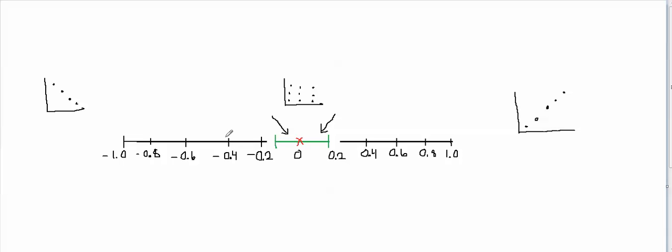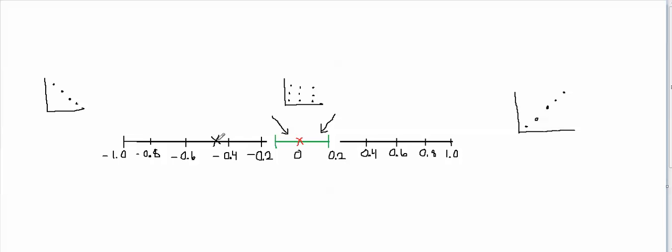But if you get an outcome, a sample correlation that's further to the negative end out here, it's no longer in the range that would be expected in the null hypothesis situation. If the population correlation was at 0, a sample correlation this far to the negative end would not be expected, because it's too far from 0.